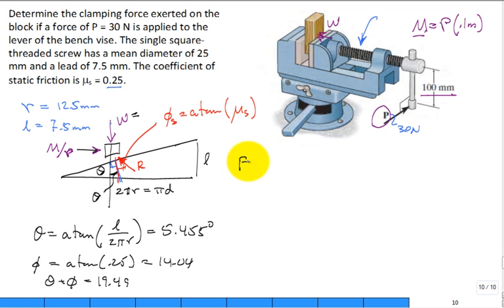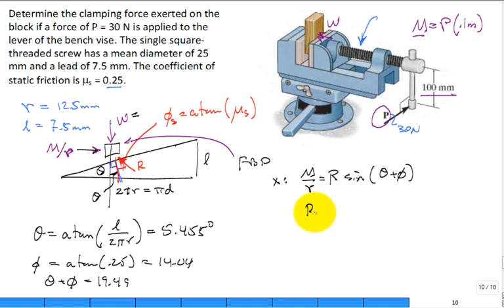So this is our free body diagram of this block. Then you do the sum of the forces in the x. So you'll get that M divided by r is pushing it, and that is equal to R times the sine of the combined angle theta plus phi retarding it. Solve for R. And for this problem, 719.3 newtons.